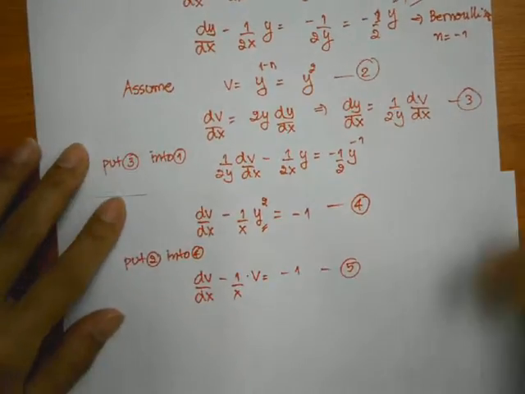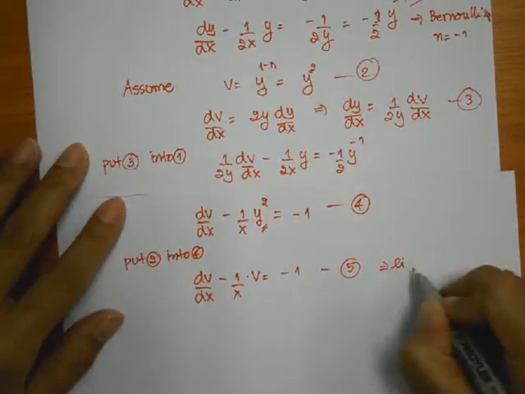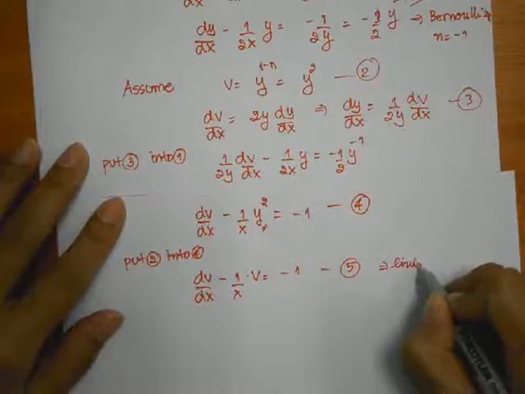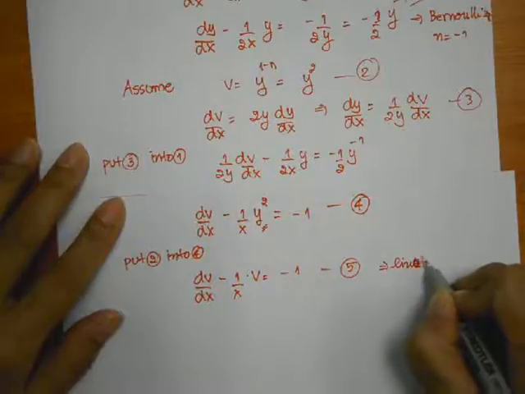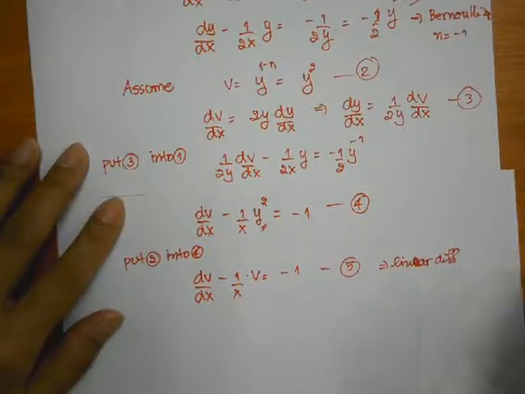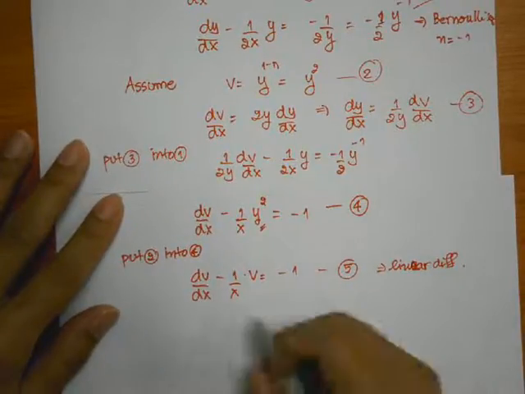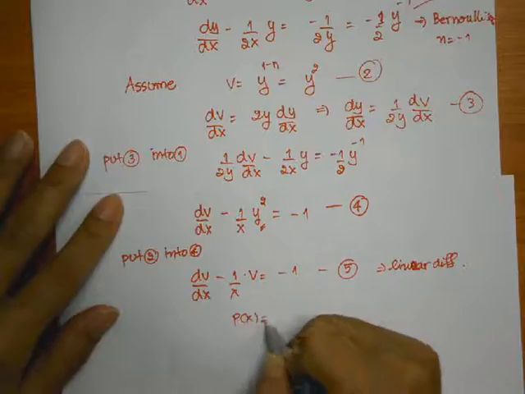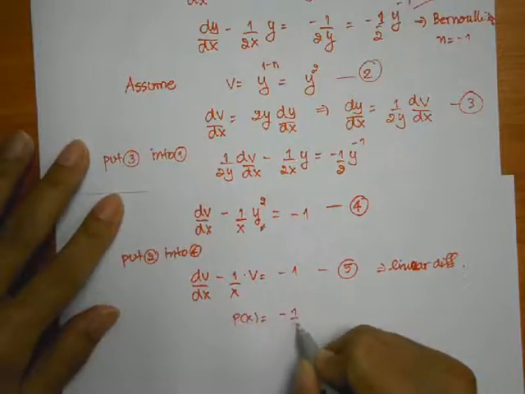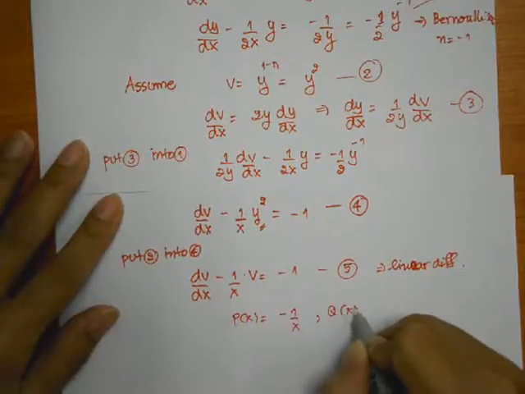Now our equation 5 is becoming a linear differential equation, which has p(x) equal to minus 1 over x and q(x) equal to minus 1.